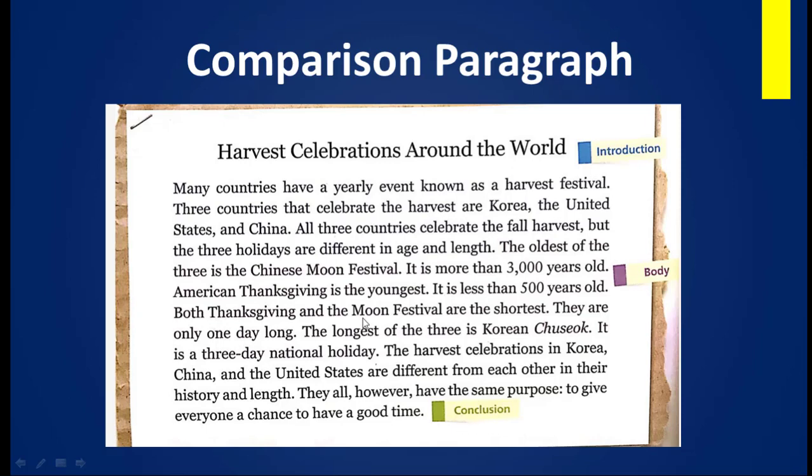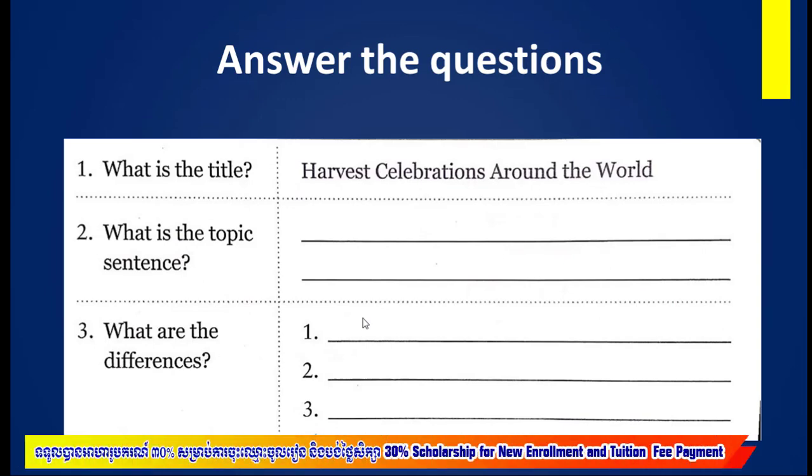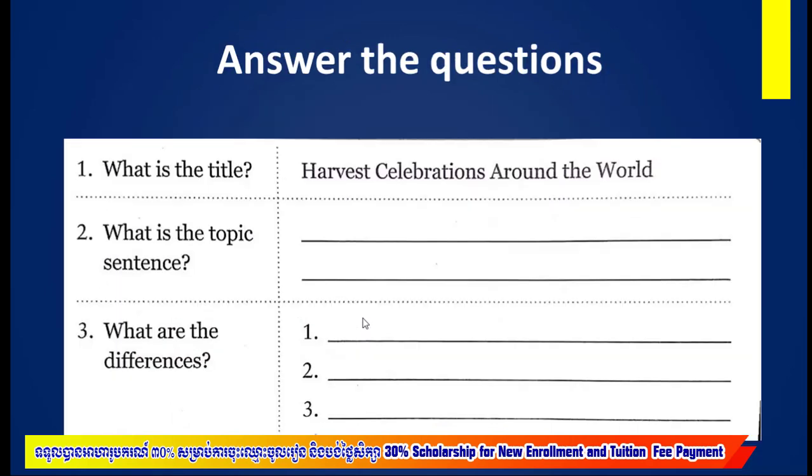Now we move to another slide, everyone. You see here the questions: what is the title, what is the topic sentence, what are the differences. Take some time to read this again and answer the questions. The title is Harvest Celebration Around the World. Number two, what is the topic sentence?